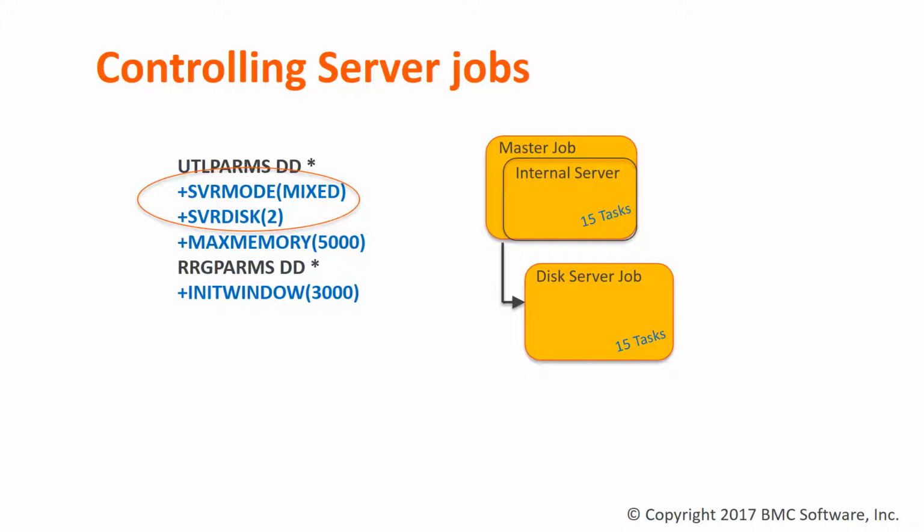That internal server is still a disk server, so now with server disk 2, we are only allowed 1 external disk server job, for a total of 2 disk servers. Another added restriction with mixed mode is the master's internal server has a self-imposed memory limit which is less than max memory. These values are a good starting point. Whether you change them depends on the mix of concurrent jobs you have and how much work each job might be doing.